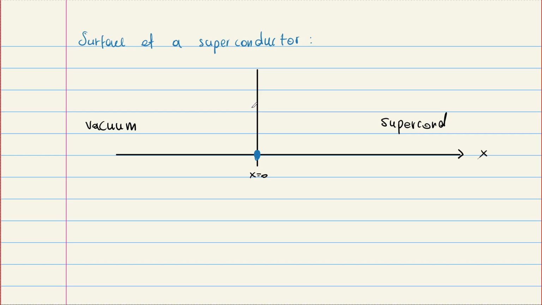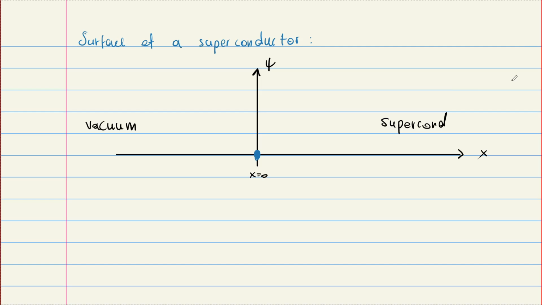What am I sketching? I'm sketching the order parameter. And for this problem, I can assume it to be a real function. We don't need a complex phase here. We'll have problems where we also need the phase, like the Josephson effect soon, but not at the moment. Here, in the vacuum, there is nothing, it's 0.